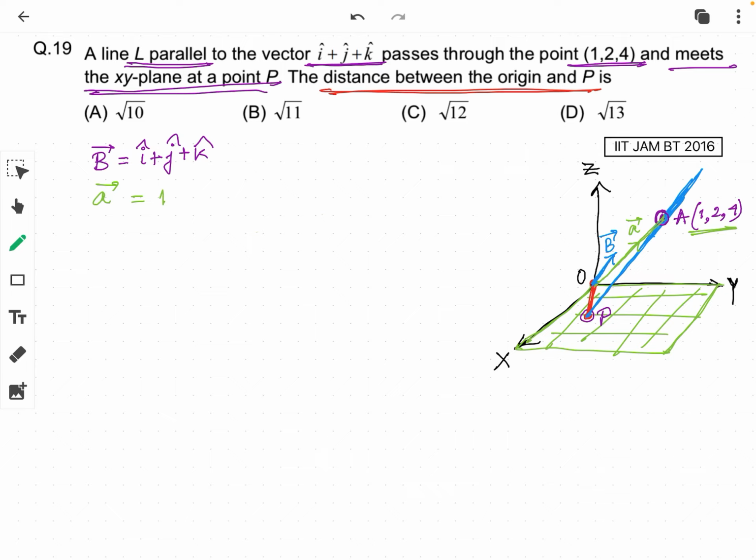That means 1 i cap plus 2 j cap plus 4 k cap. So this is the position vector small a.